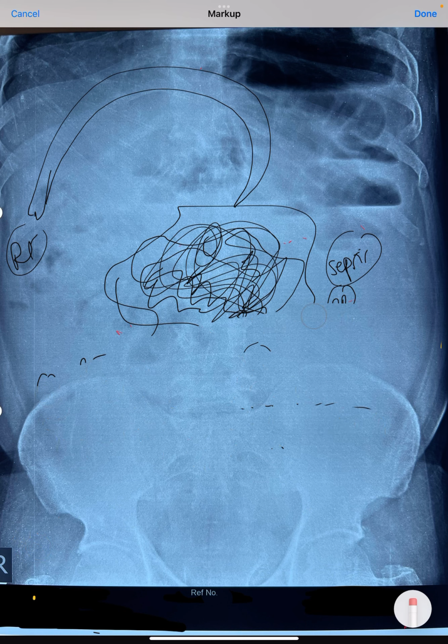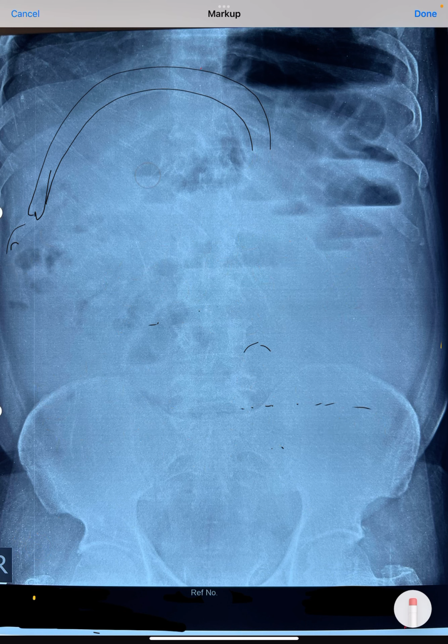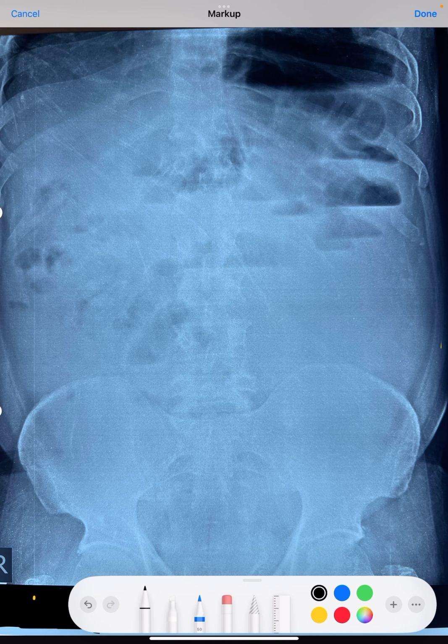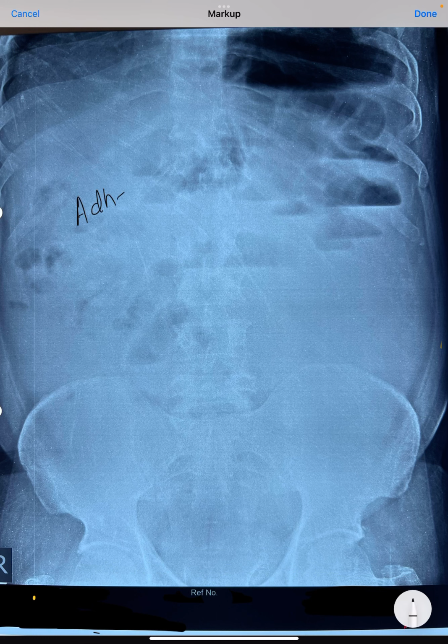So this is a very typical X-ray of intestinal obstruction. Intestinal obstruction can be spontaneous, or it can be drug-induced. Anticholinergic medicines can also cause intestinal obstruction. One of the most common reasons is adhesions.